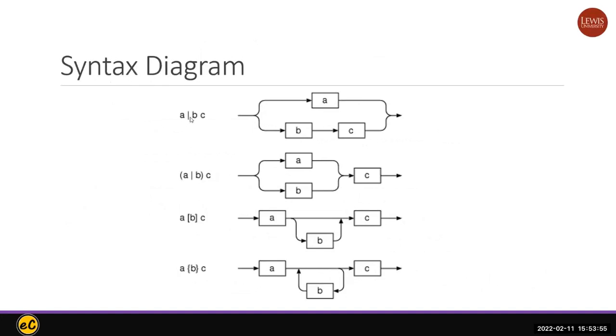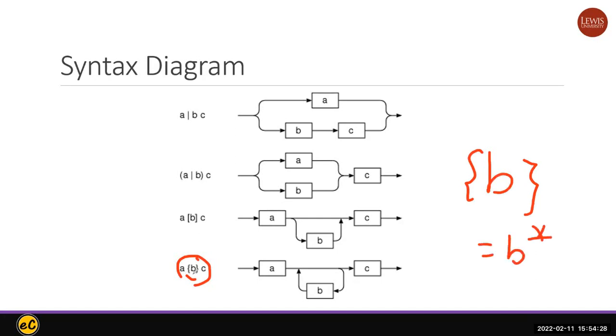So you have A or B followed by C. B followed by C is one concatenation, and A or B is then concatenated with C, like this. This one is A and then B 0 or 1 time, an optional B. This one is A, then B in curly braces, which means B star.